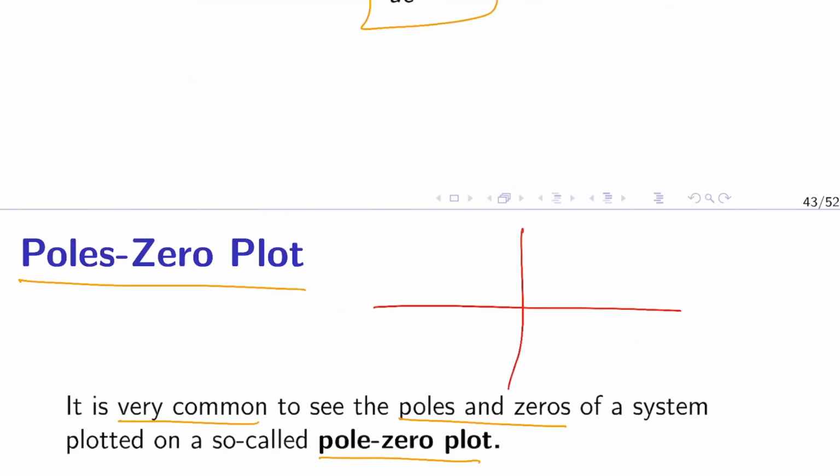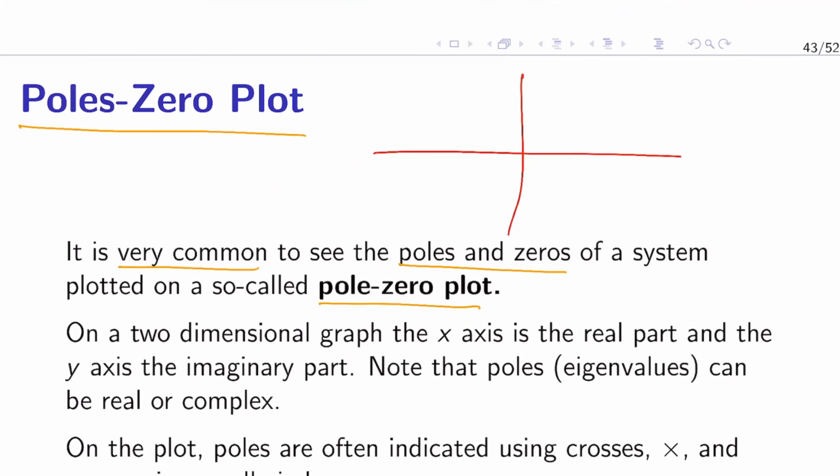Okay, so when we talk about plotting the poles and zeros, basically you're plotting it on an Argand diagram where I have the imaginary part on the y-axis and the real part on the x-axis. The roots of a polynomial can in general be complex. If they're complex, they'll have an imaginary part and a real part. I can separate those out and then I can plot a point, right?